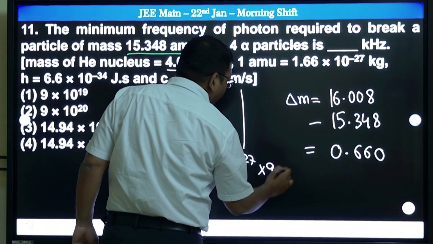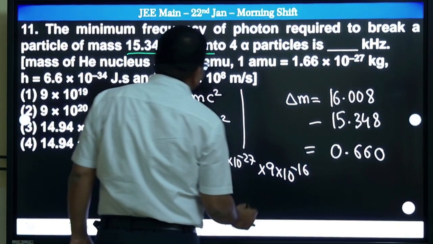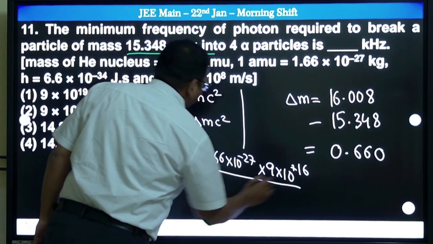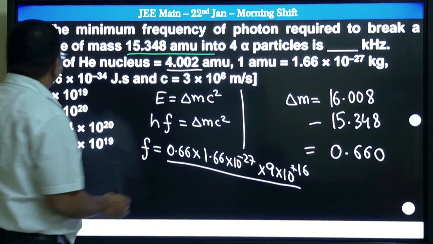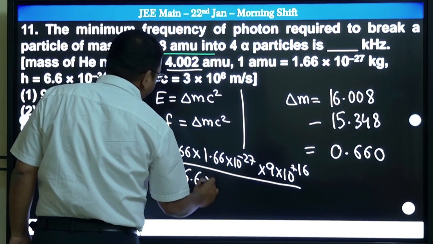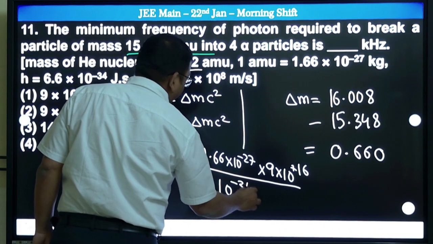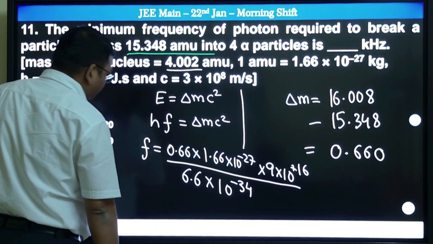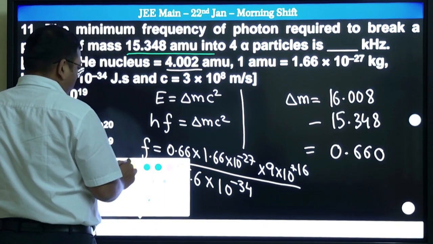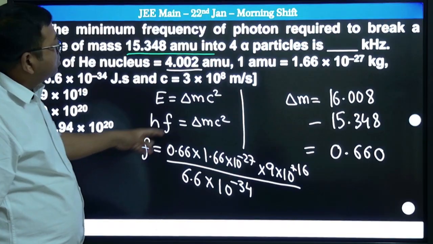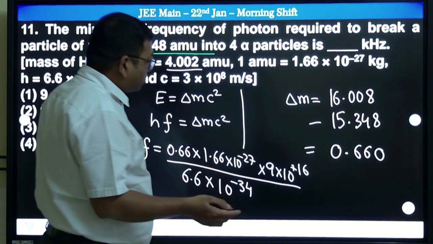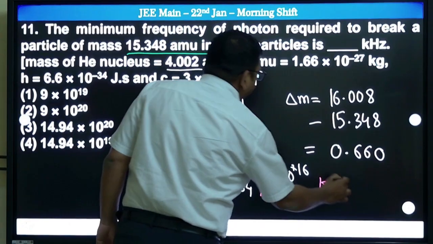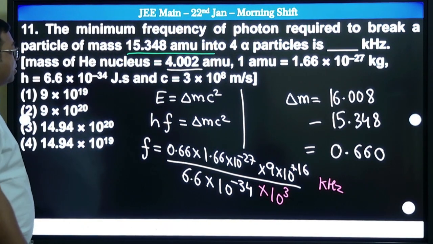So 9 into 10 to the power 16, then divided by h. H is also given, 6.6 into 10 to the power minus 34. Let us use this value and calculate. Also note that this has to be brought in kilohertz. This is hertz, so you can divide by 10 to the power 3. So do this calculation, see how much it comes, and check the answer.